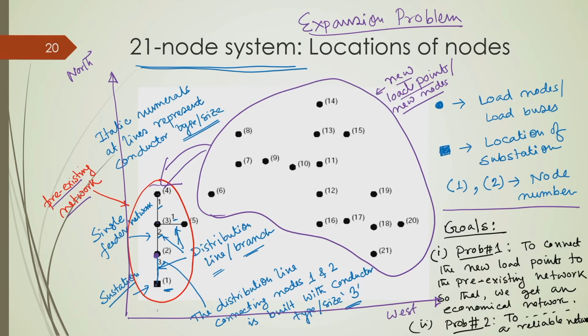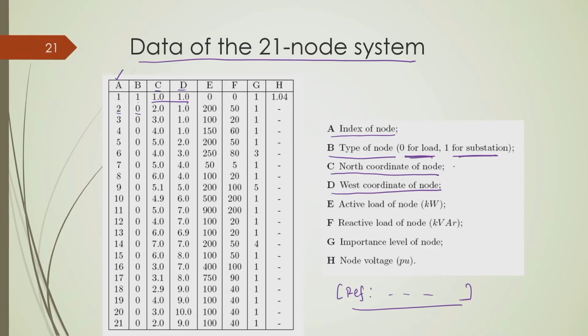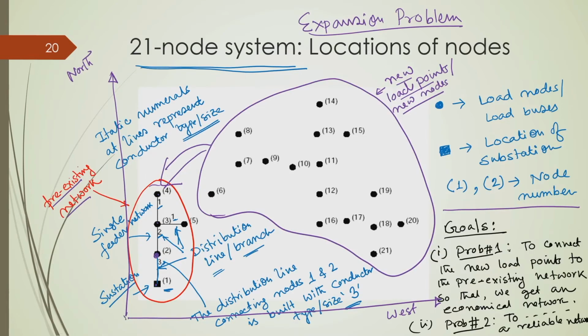So, starting from the substation, all these nodes are physically located in this coordinate system. So, it means that for node 1, this is of course, I think it is in kilometers, so this is located 1 kilometer north and west from the reference point. So, suppose this is reference point 0 0. So, this is basically the location 1 comma 1.